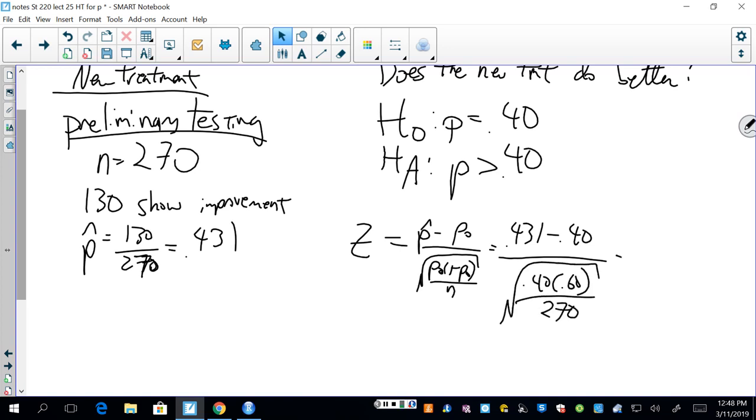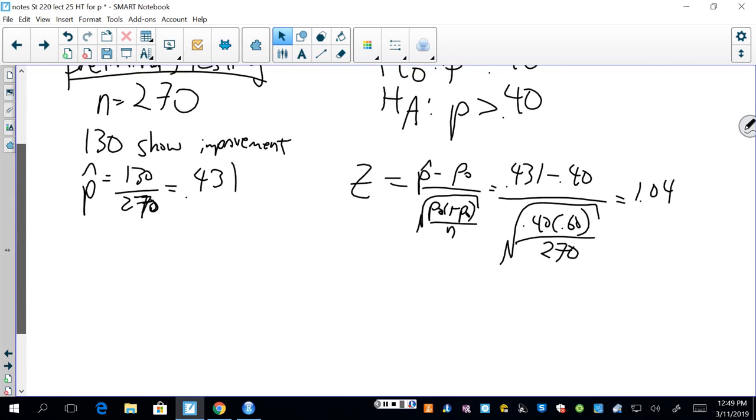This is a Z value of 1.04. So based on that, we're not going to reject. It's not far enough away. It does not seem to be sufficient improvement.